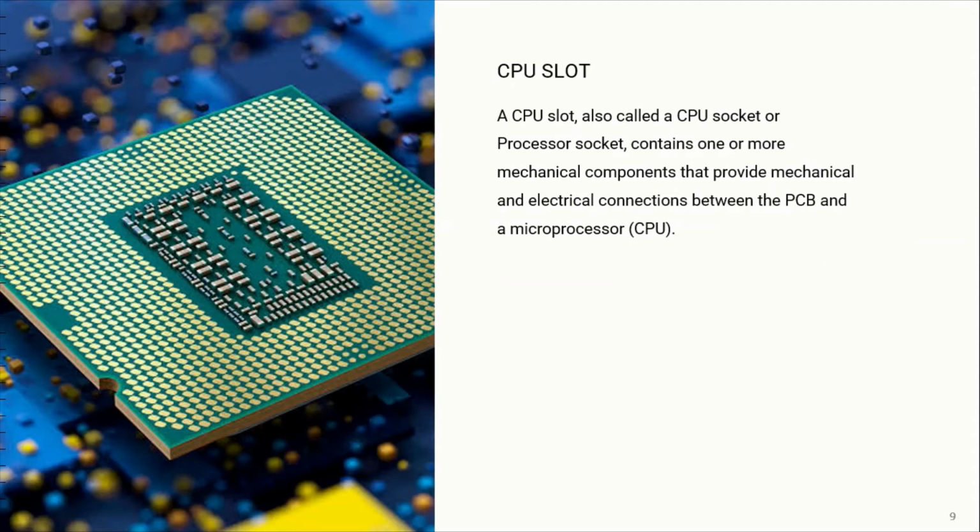CPU slot. A CPU slot, also called a CPU socket or processor socket, contains one or more mechanical components that provide mechanical and electrical connection between the PCB and the microprocessor, the CPU.